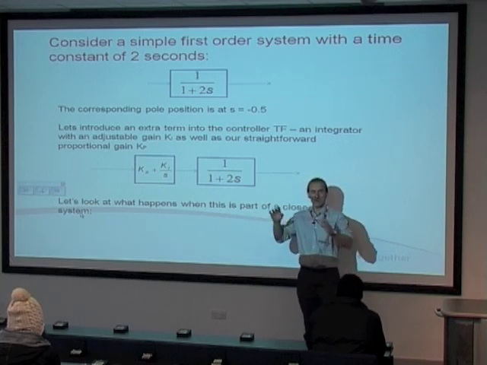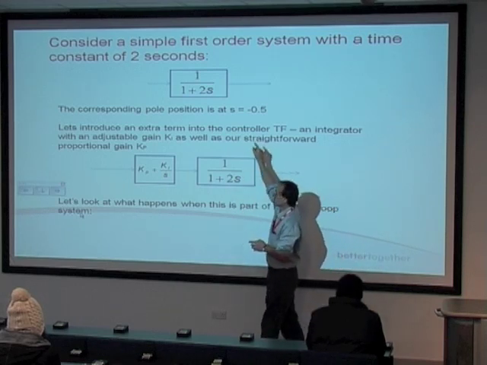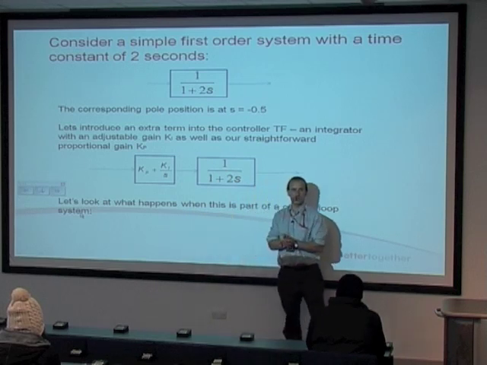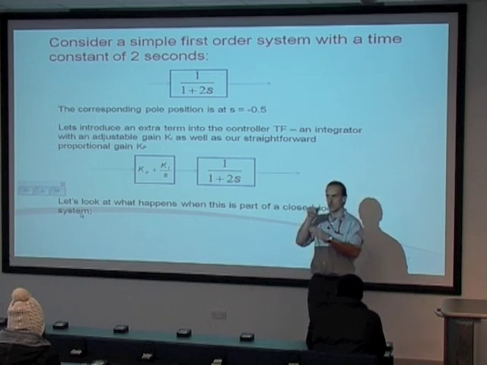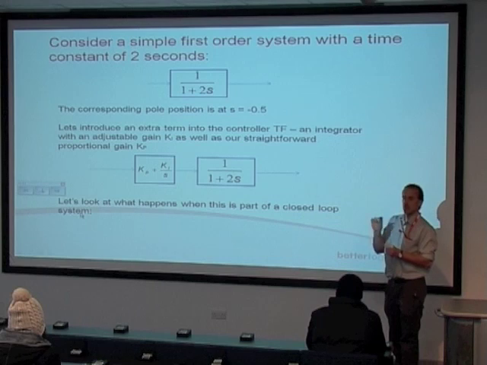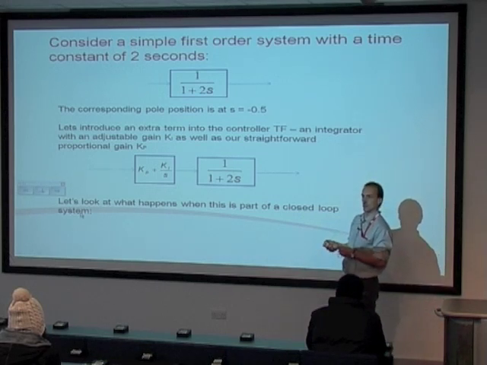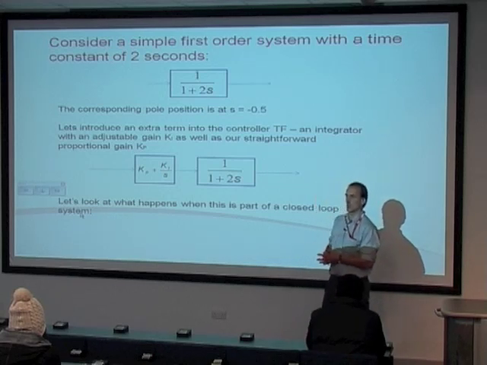Okay, the way that's configured to make a controller is we look at the output speed and we feed it back in a normal negative feedback situation, and we subtract it from the desired speed. Okay, that's the summing junction bit on the left. And what we end up with is a signal coming out which is error. How wrong is the speed? And it can be positive or negative depending if I'm going too quickly or too slowly.